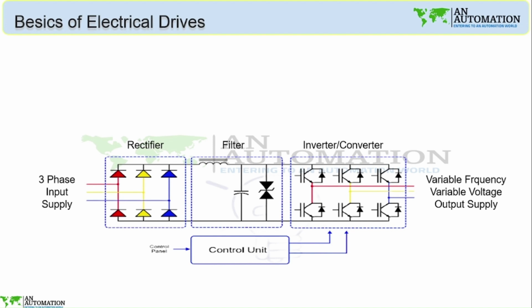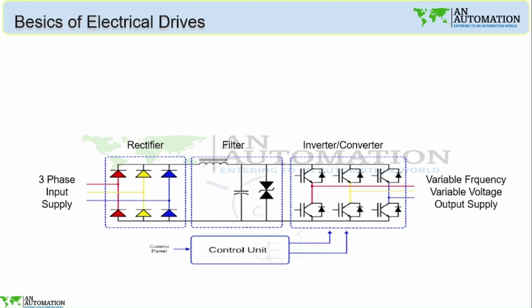In a three-phase bridge rectifier, we can see the diodes which will rectify the three-phase input supply. When the three-phase input supply is rectified, it gives DC in a pulsating manner, and the pulsating DC is filtered in the filter circuit.